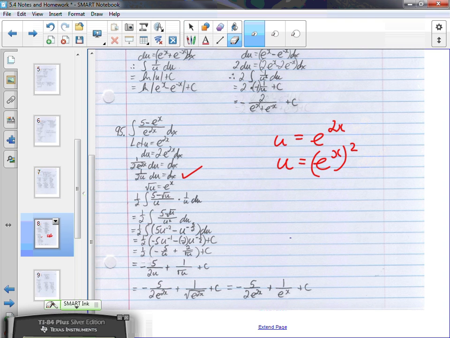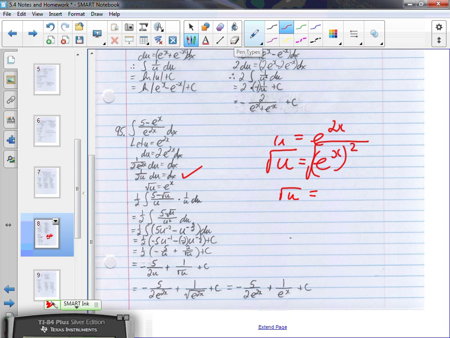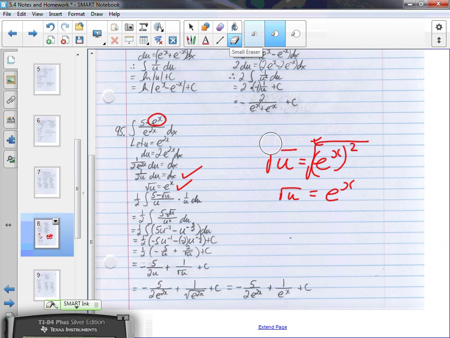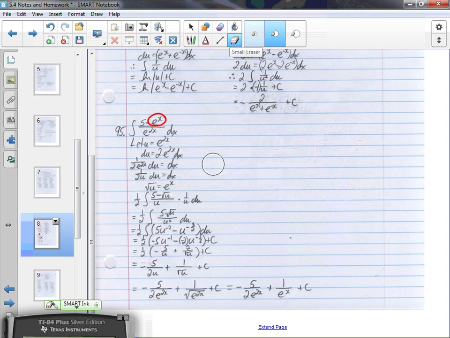And if that's the case, taking the square root of both sides, I'd get the square root of u, and then the square root of something squared is the something. That gives me that. Now, why did I want that? Maybe I need to back up a step. Because from the looks on your faces, either you're completely disinterested or you're confused.